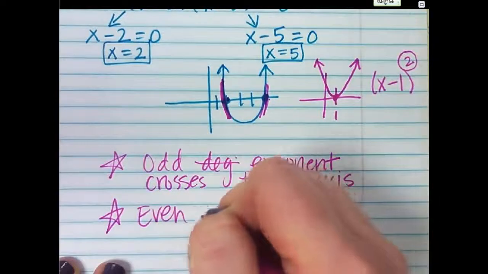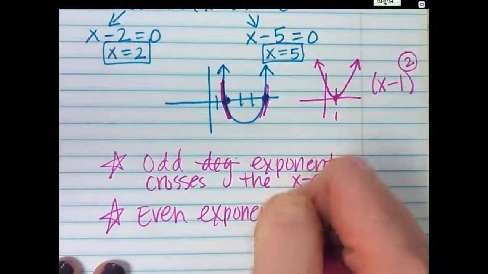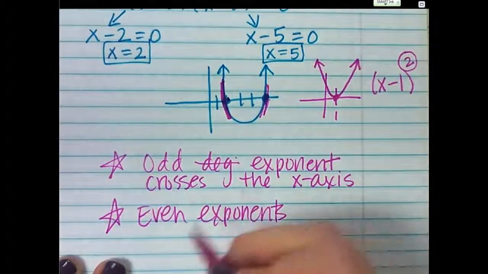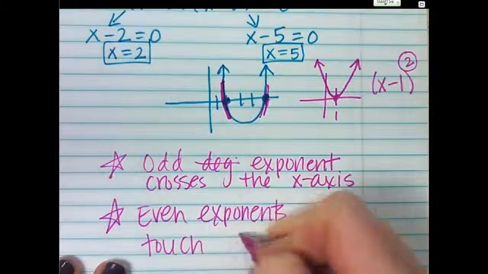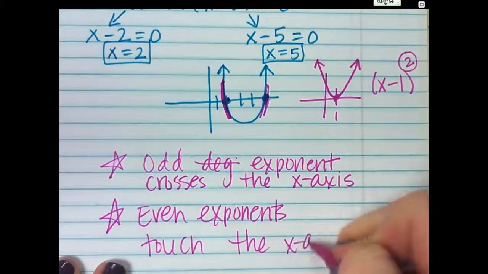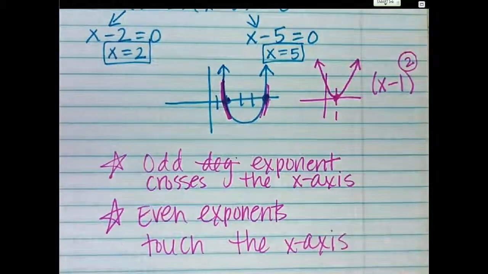So even exponents touch the x-axis. And this is where you get what happens in between your two arrows. And I promise once we do 1 or 2, you're going to be like, oh, okay, I got it.